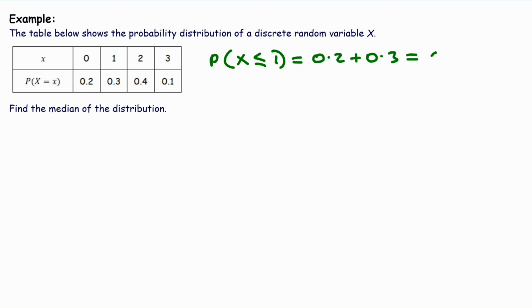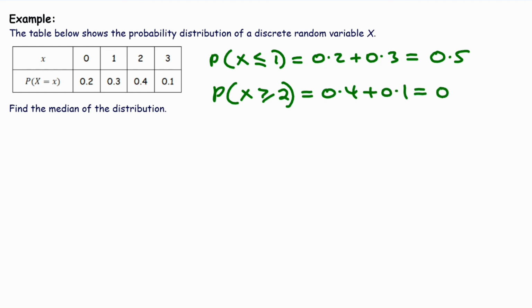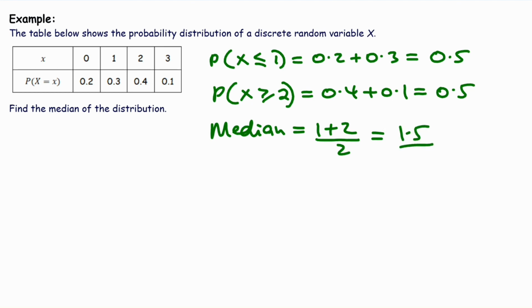And then the probability that x is greater than or equal to 2 is again 0.4 plus 0.1, which is 0.5. So here the median should be the middle of these two values, so the median here will be the average of them, which will be 1.5.